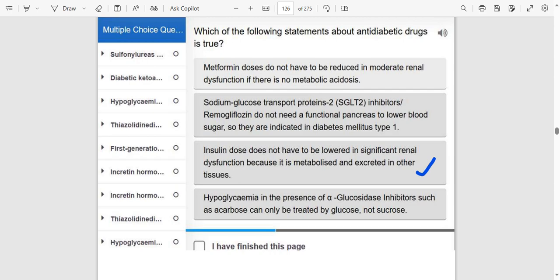So there's another thought there. Is it glucose that we use or dextrose? So yeah, it is dextrose, right? But specifically, I think they've made just a statement in the notes: hypoglycemia management is with glucose and not sucrose.